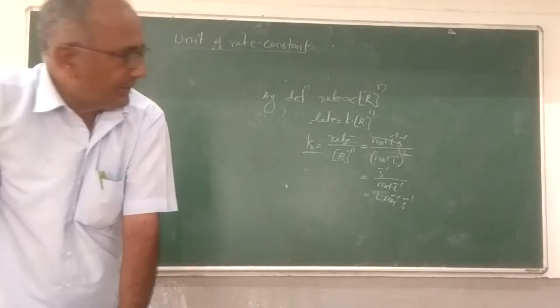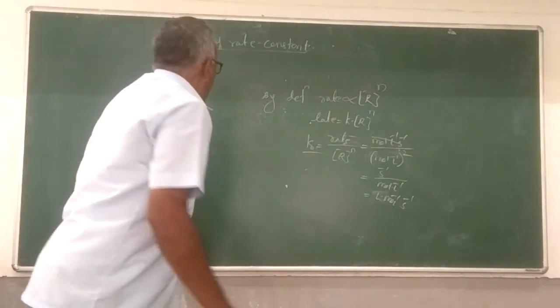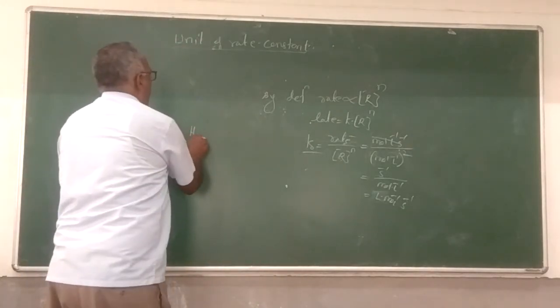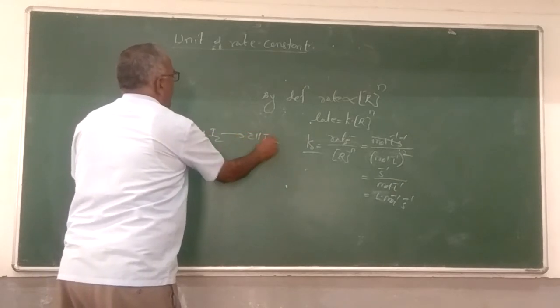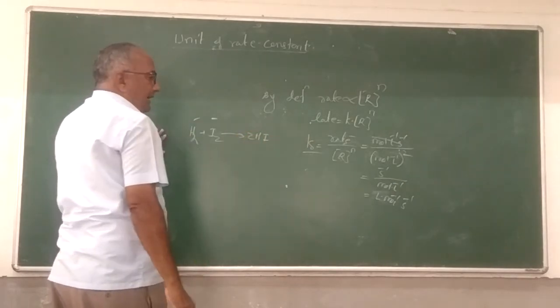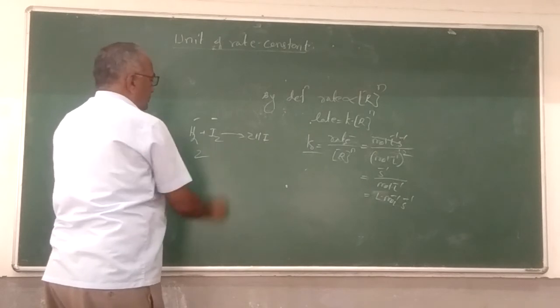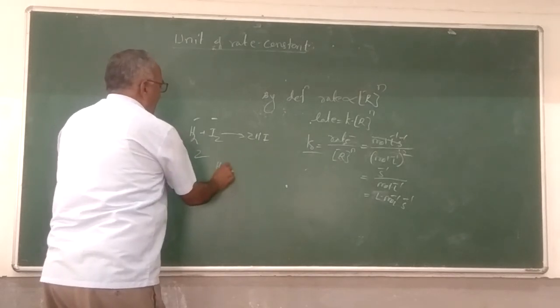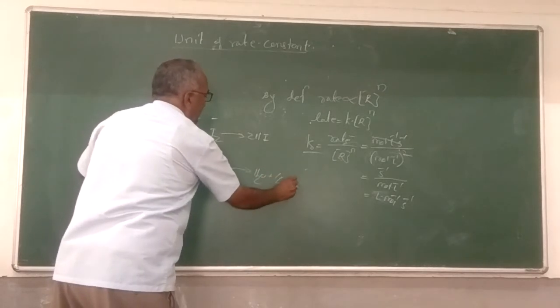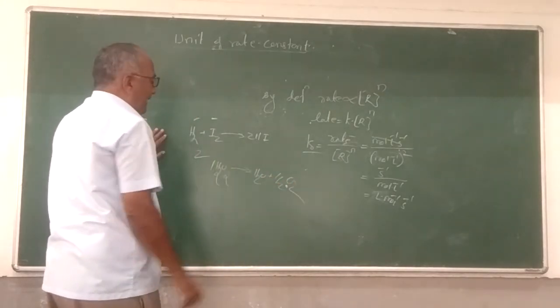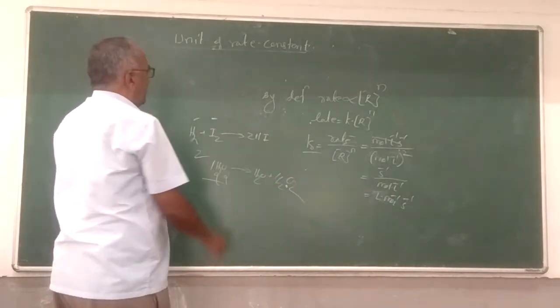If you observe the formation of hydrogen iodide from iodine and hydrogen, here the molecularity is 2. Then hydrogen peroxide can decompose into water and oxygen. Here only one molecule takes part, hence the molecularity of the reaction is 1.